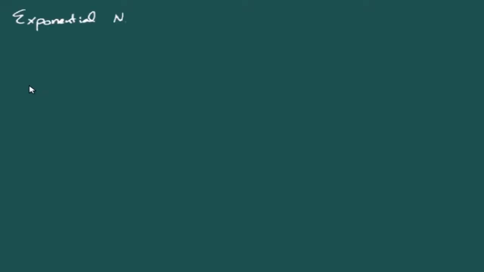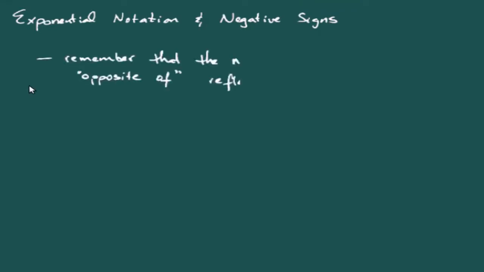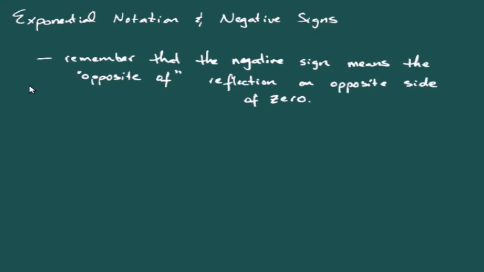And so we can ask ourselves, how exactly does exponential notation interact with negative signs? What we need to remember is that the negative sign really means that we're taking the opposite of a number. And the opposite of really just means that we are taking the number that's the reflection across 0.